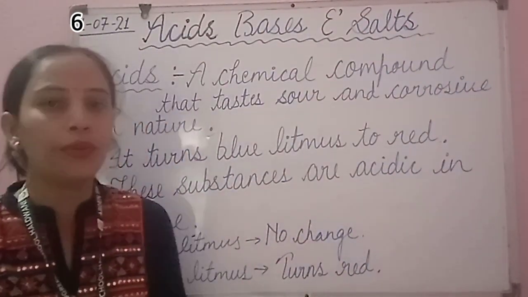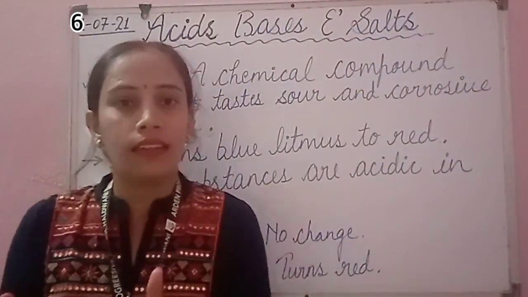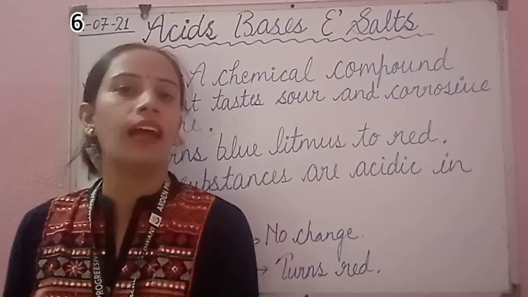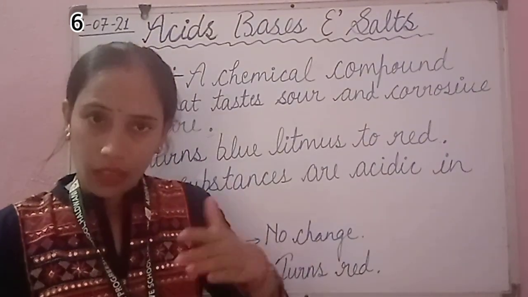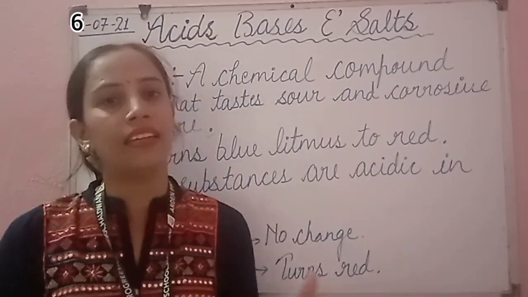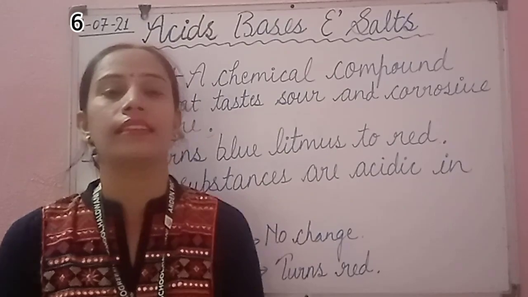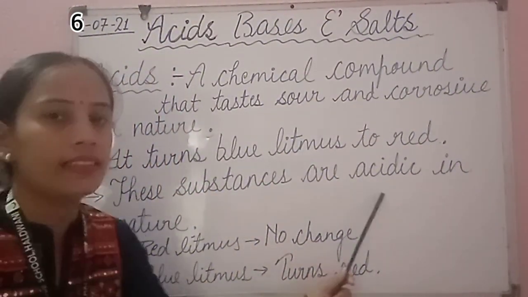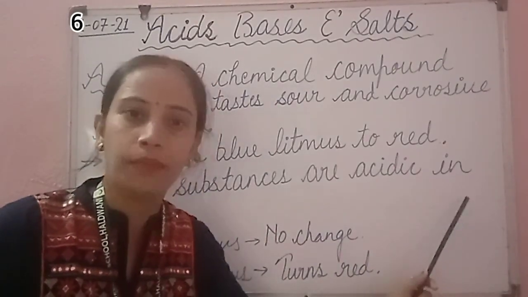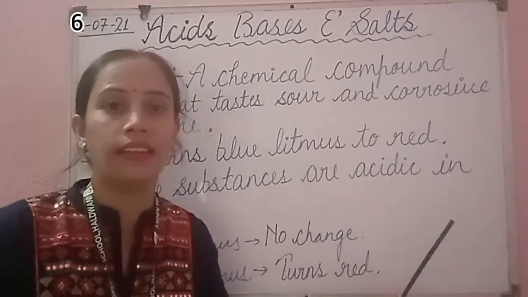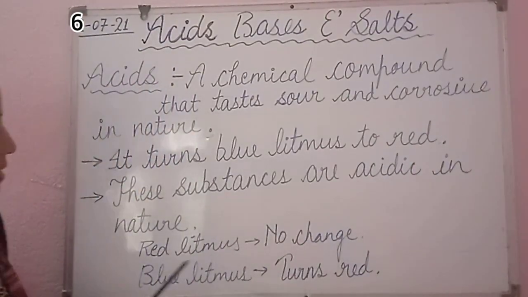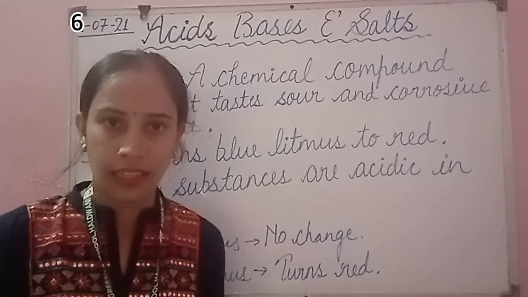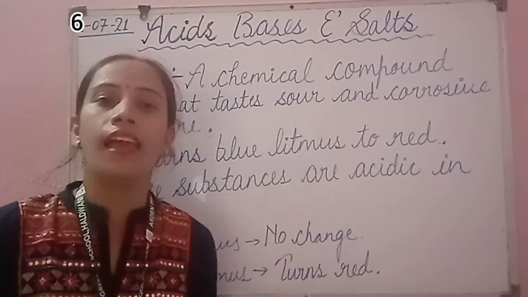As I have already told you students, litmus is a natural indicator of acid and base. So with the help of litmus paper, we can identify the acids and the bases. Next, these substances are acidic in nature. Why are they acidic? Because the acid is present in them. Clear students? Some examples are lemon juice, vinegar. They are examples of acids.